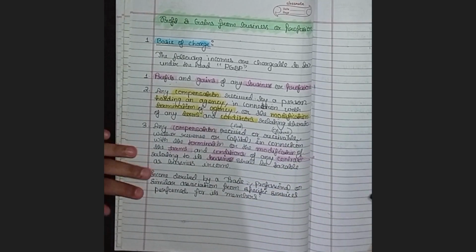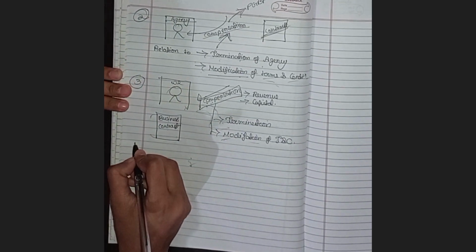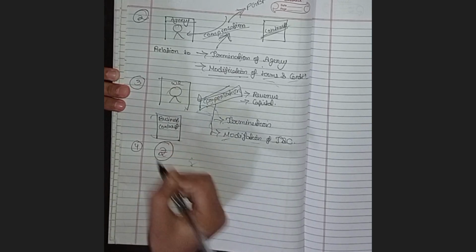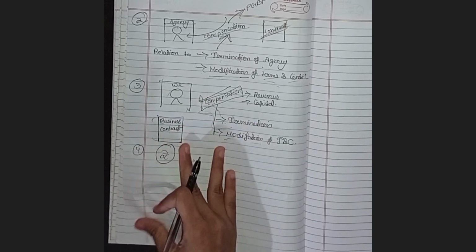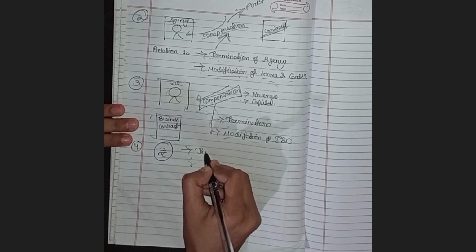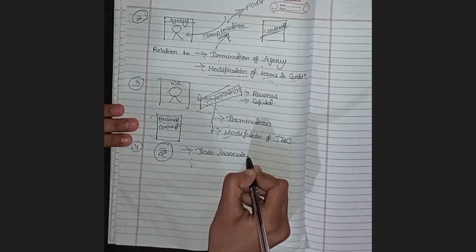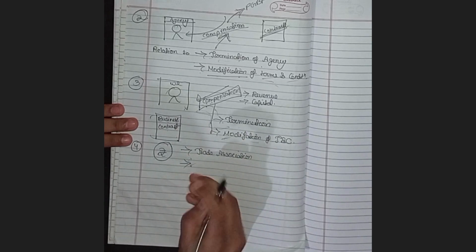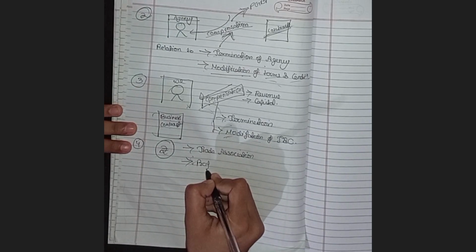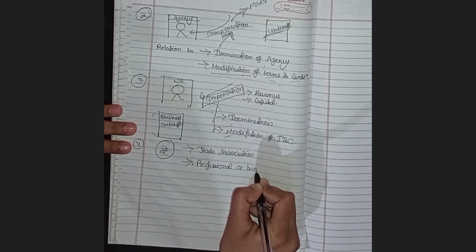So let me explain this. The fourth point is that we are deriving or generating income from a trade association, professional or similar association.